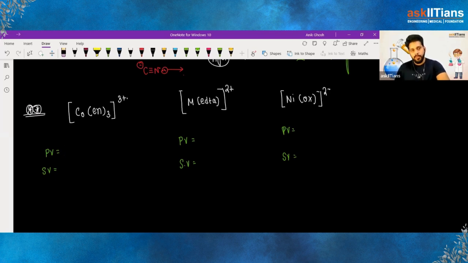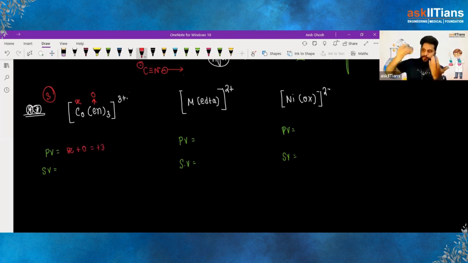Now let's see how much you got out of 3. Okay, primary valency of this metal. See guys, ethylene diamine is abbreviated as en and it's a neutral ligand. That means the charge on the species is +3. So guys, the equation comes as x plus 0 equals +3, isn't it?